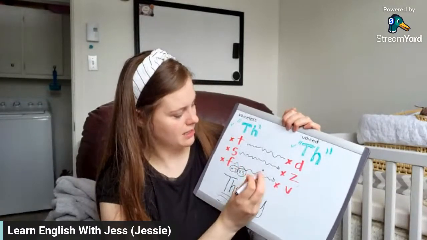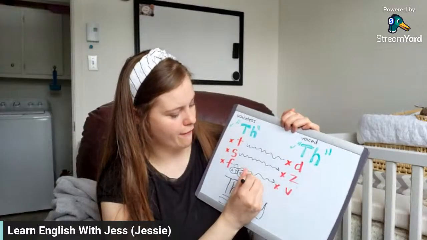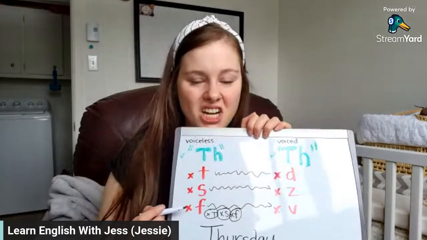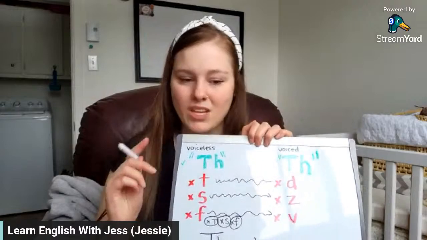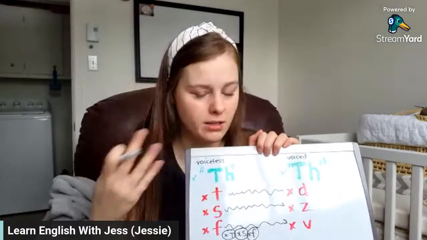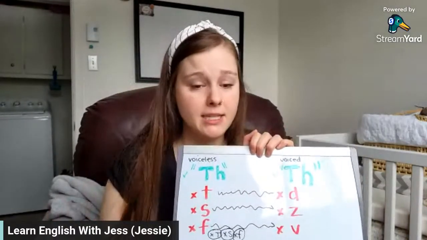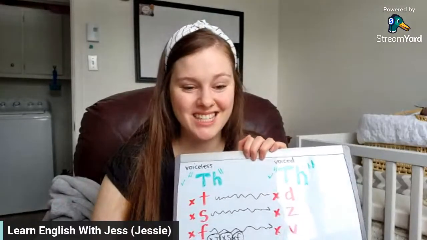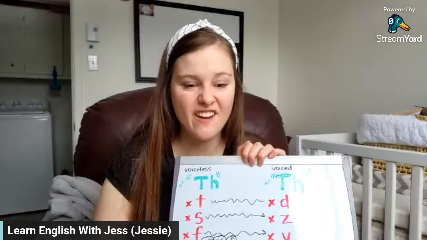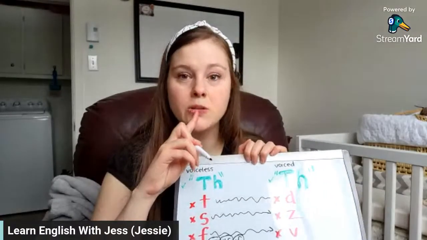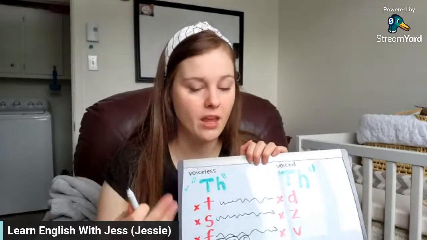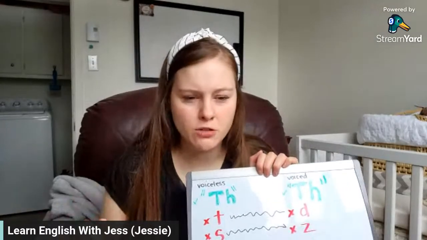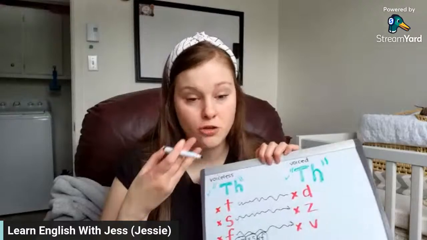Sometimes I'll hear it as an S, oops, and sometimes I'll hear it as an F. So it is not Thursday with a T. You can repeat if you want to just practice, but it's not Thursday. That's a T. It's tongue between your teeth, Thursday. Thursday.